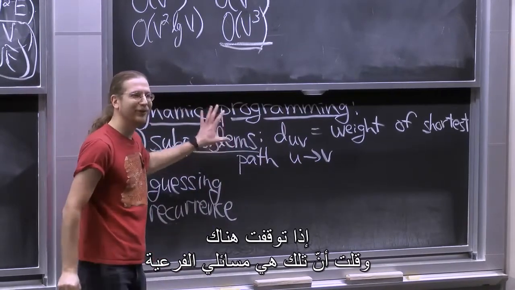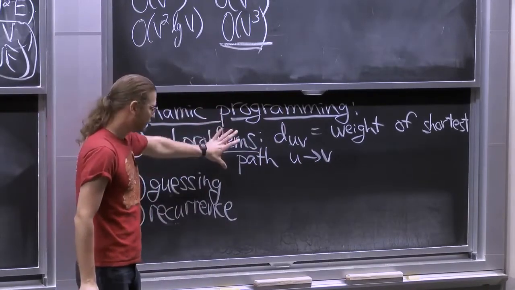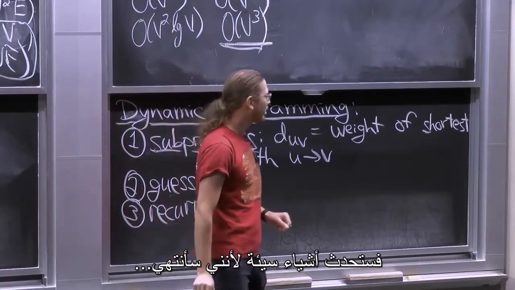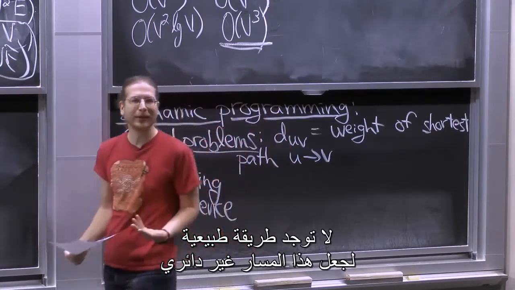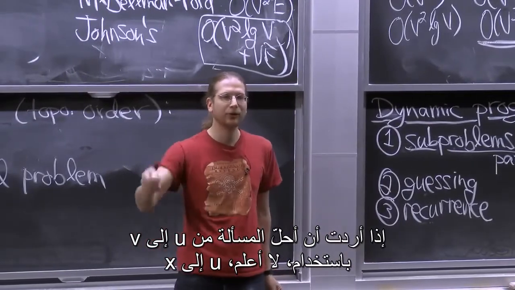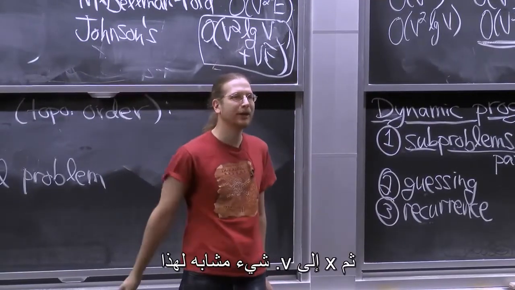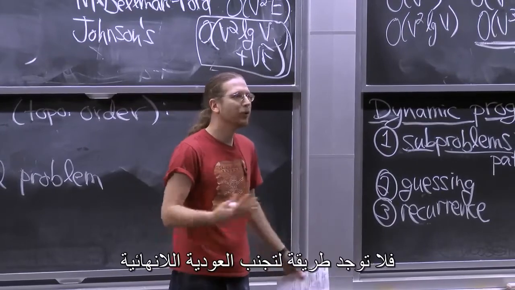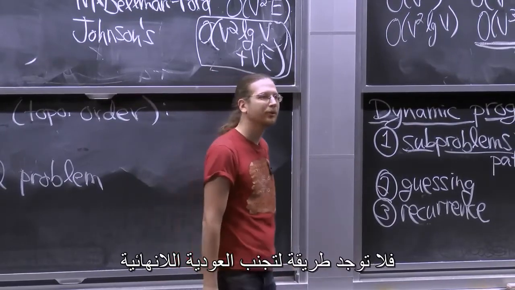If I stop there and said that was my subproblems, bad things are going to happen because there's no natural way to make this thing acyclic. If I want to solve u to v using, I don't know, u to x and then x to v, something like that, there's no way to get out of the infinite recursion loop.